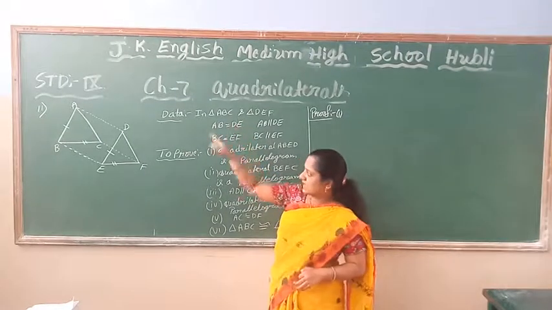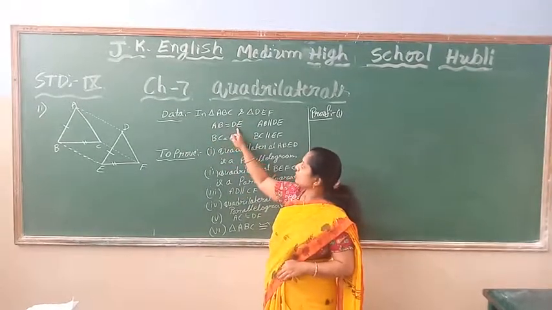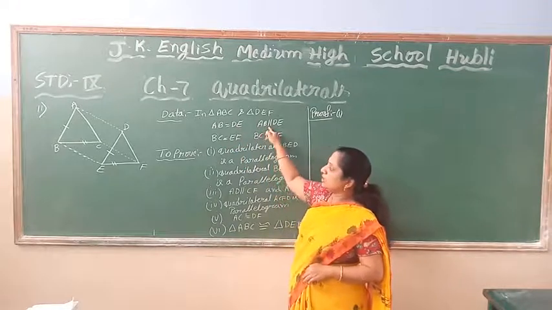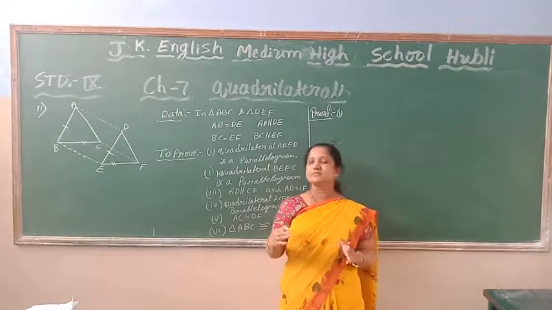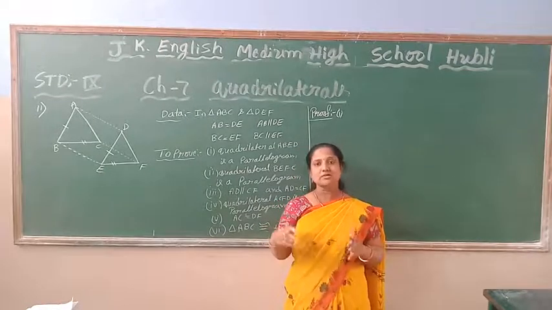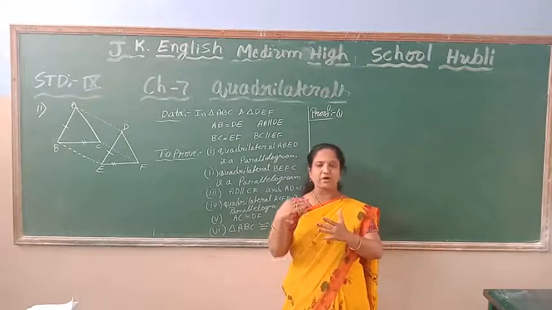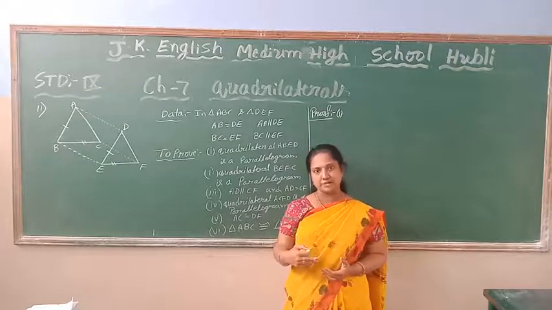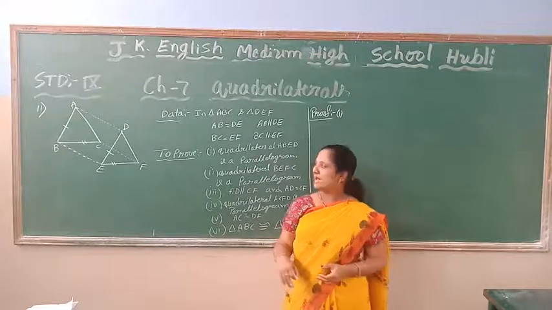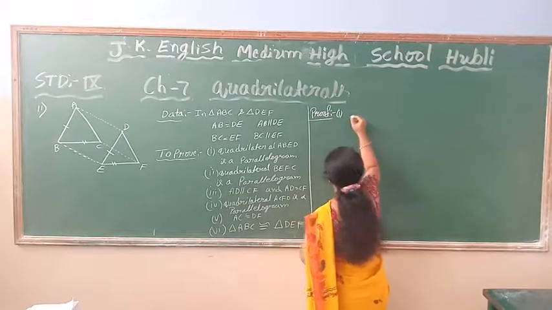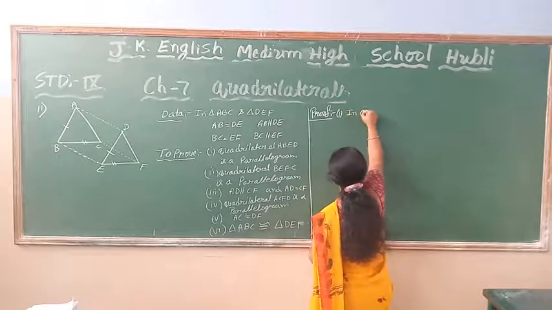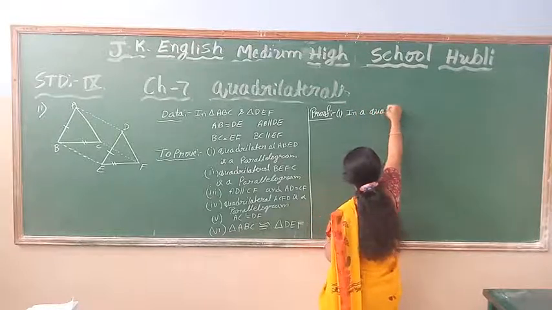In quadrilateral ABED, we already know by data AB is equal to DE and AB is parallel to DE. It is already given. Theorem 7.8 tells that in a quadrilateral, if a pair of sides are equal and parallel, it becomes a parallelogram.